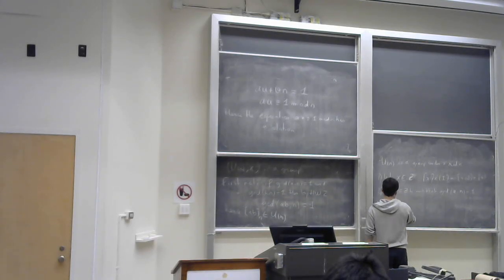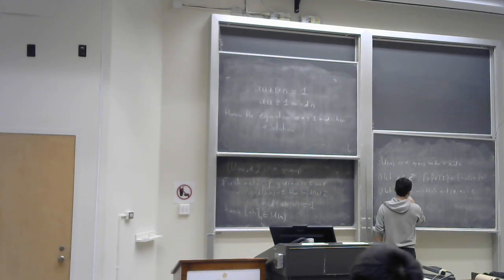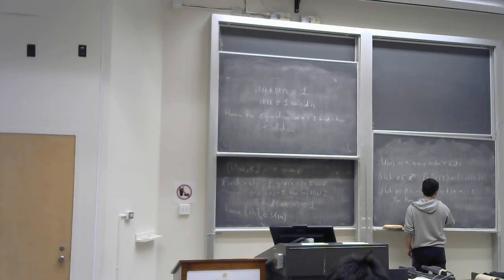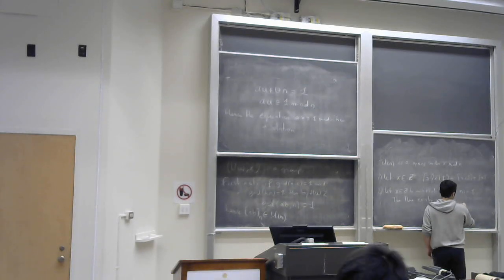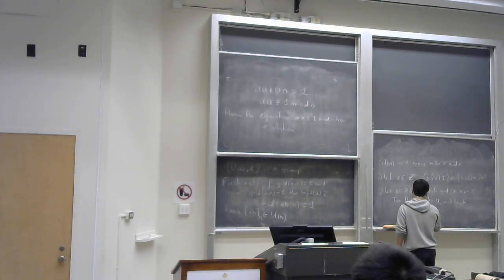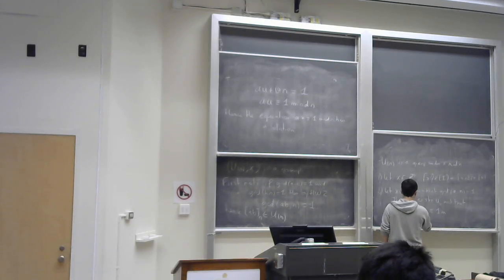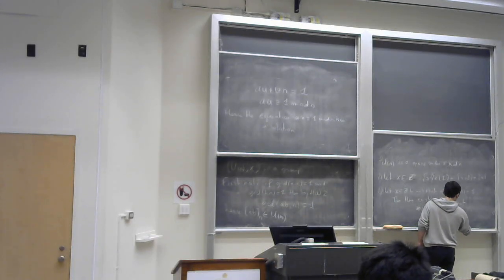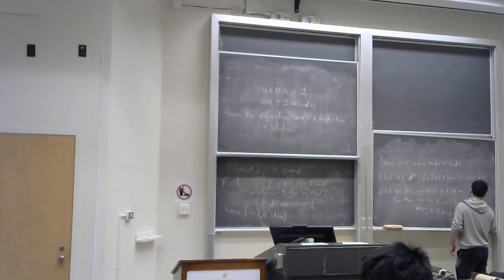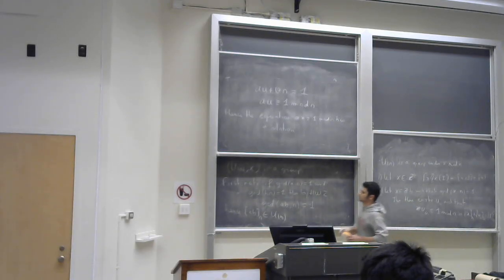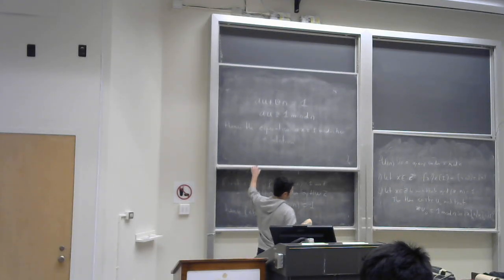Then there exists u_0 such that, by the theorem we proved, x u_0 is congruent to 1 mod n. So the class of x mod n times the class of u_0 mod n is equal to the class of 1 mod n. So I do have an inverse for every element in U_n.